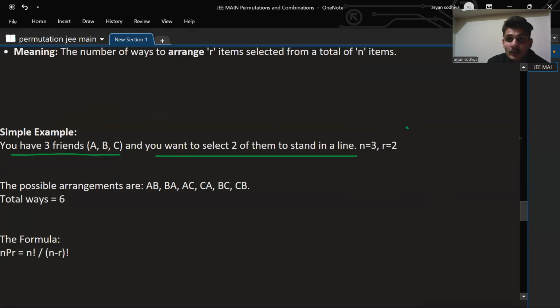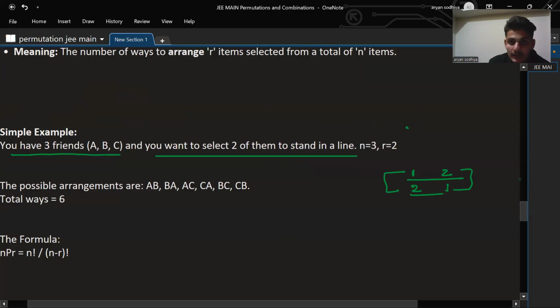You want to select two of them to stand in a line. Here order matters, because if one is standing here and two is standing here, that differs from two standing here and one standing here. We need not make groups here, because in groups 1, 2 and 2, 1 are treated similar, so the count does not increase. That means r factorial is not multiplied. Here order matters because we need to stand them in a line.